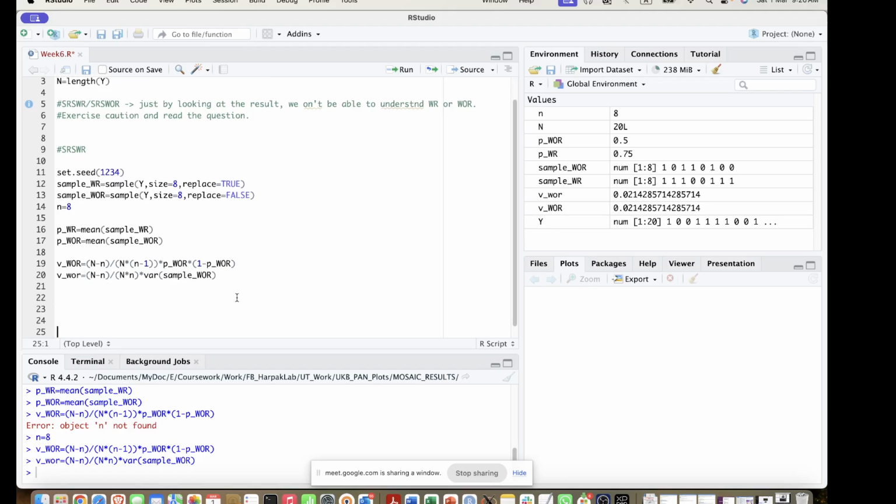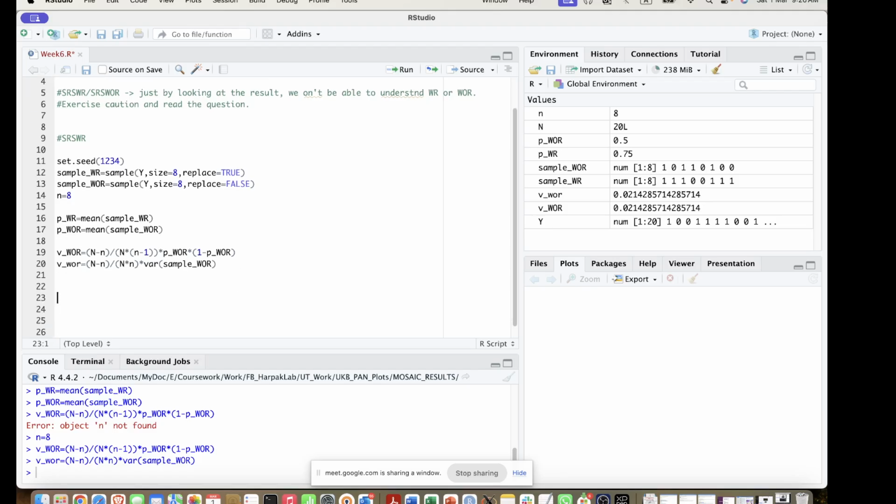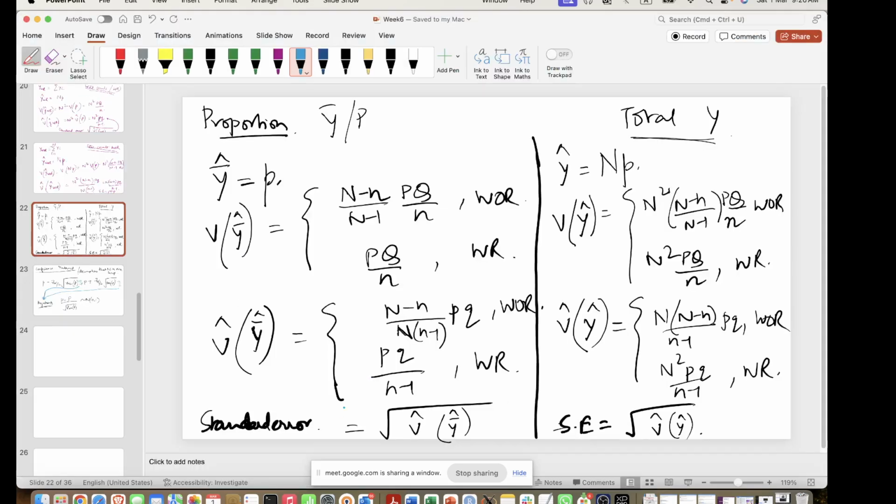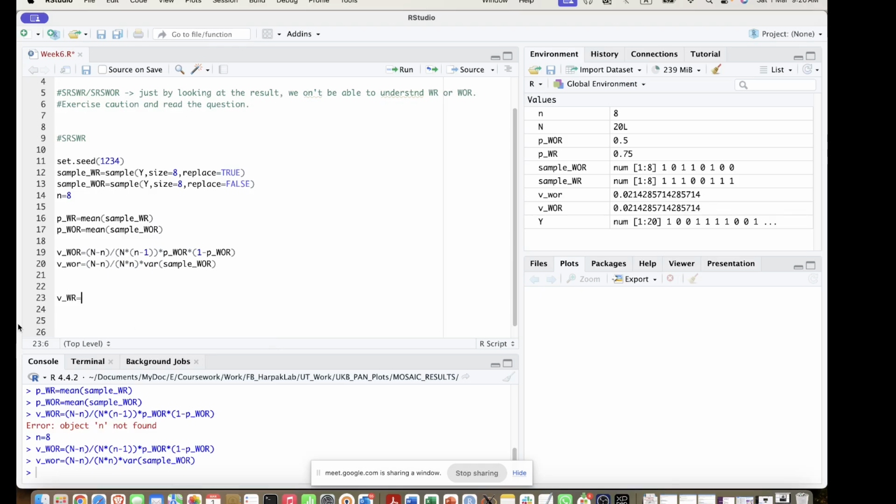Similarly, for VWR, this is PQ by n minus 1. So this into this by small n minus 1.